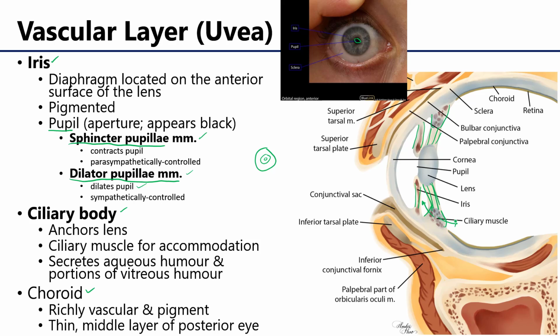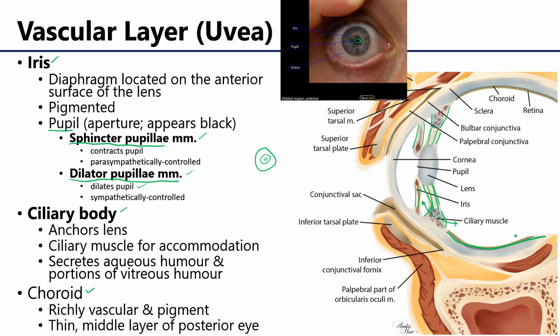More posteriorly, the vascular layer is known as the choroid, and this is very rich with blood vessels and dark with pigment, also from blood of those vessels. It tends to be the thinnest part of the posterior eye.